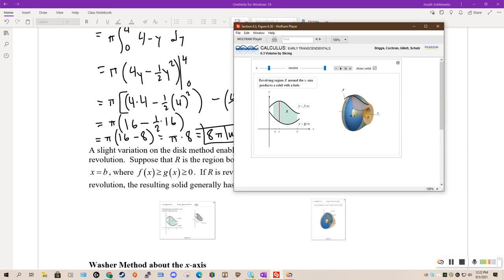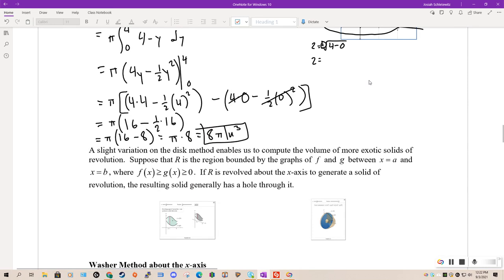Same idea, area of the cross-section. Right, notice that my cross-sections are all circles with circles taken out of them. So we're going to have a larger radius. So I'll kind of redraw it here so I can label things the way I want to.